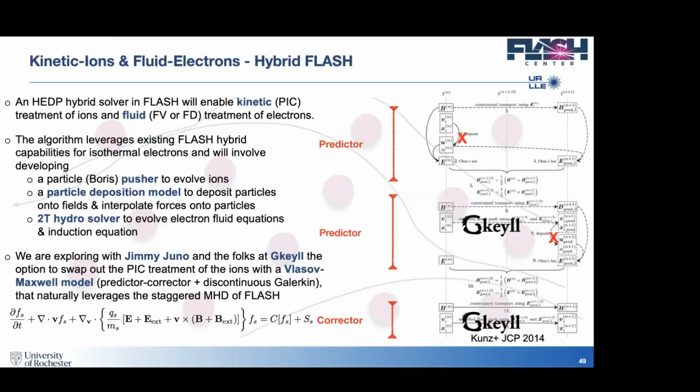If this has legs and we find a way to do this better and faster, then we might expand to more dimensionalities and different configurations in phase space. But for now, it's more about seeing if we can do it.